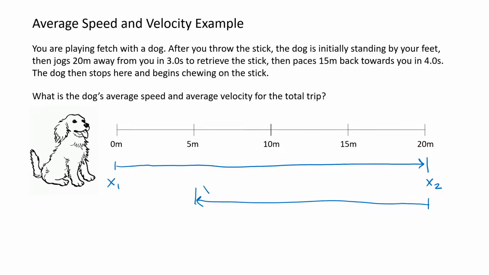So I'm going to call this x3, the third position. Okay. So total distance that the dog's traveled. So it's gone all the way there, not all the way back. 20 meters there, 15 back.